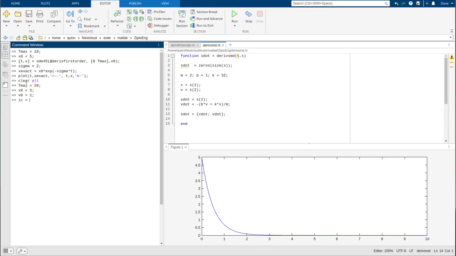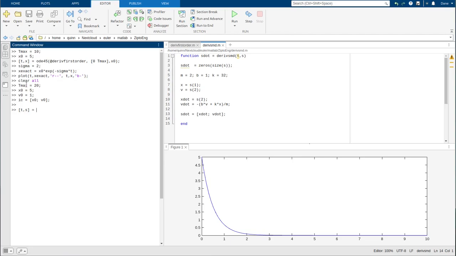MATLAB needs those initial conditions as a vector, so really x0 and v0. IC represents our vector of initial conditions. This is like S of 0. And at this point, we're ready to simulate.